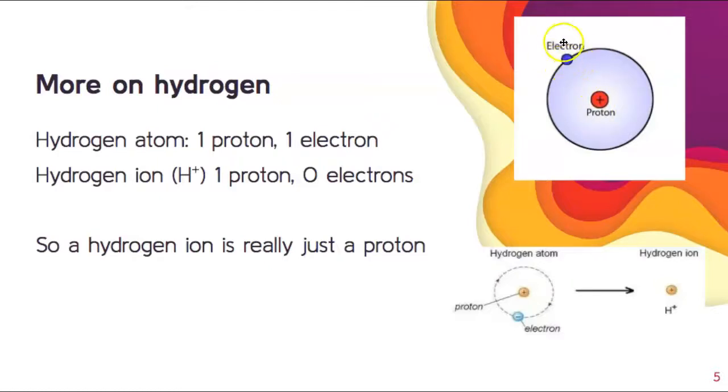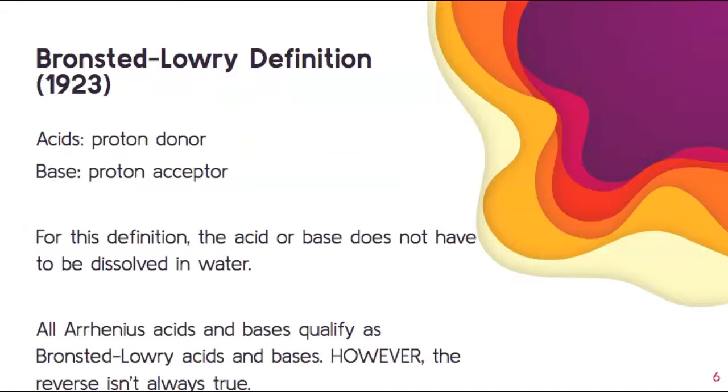If it gives that electron away, it's just going to have 1 proton, which gives it a +1, okay? So this is showing this too. If it gives away its electron, all that's left is this proton, okay? So a hydrogen ion has 1 proton and no electrons, which means that a hydrogen ion is really just a proton hanging around, okay?